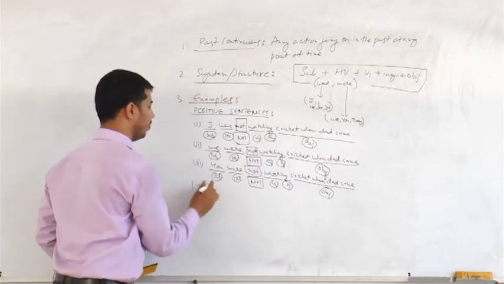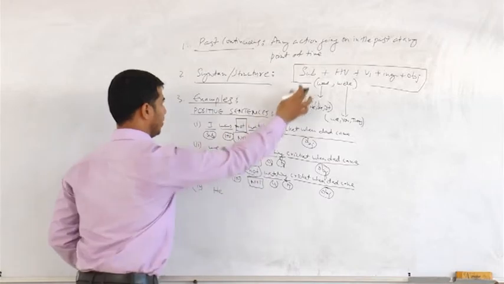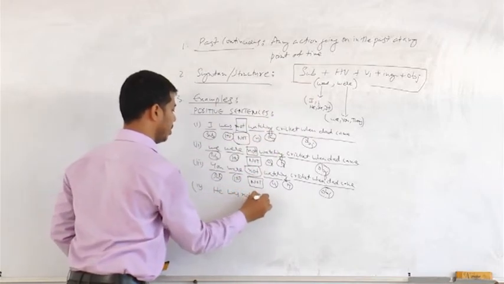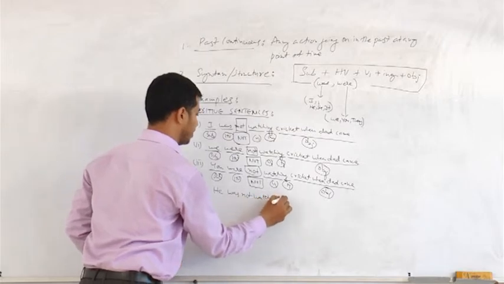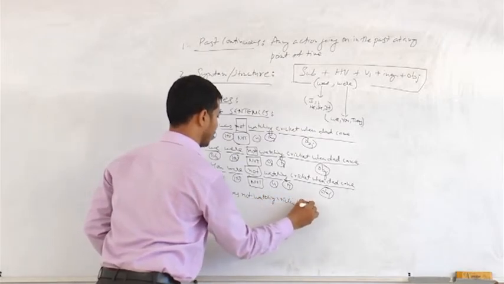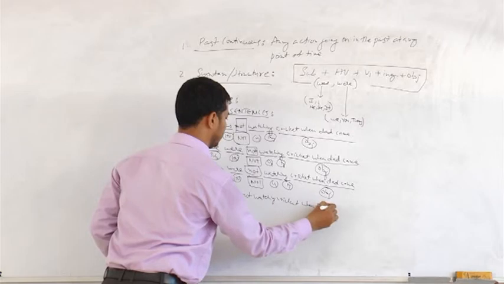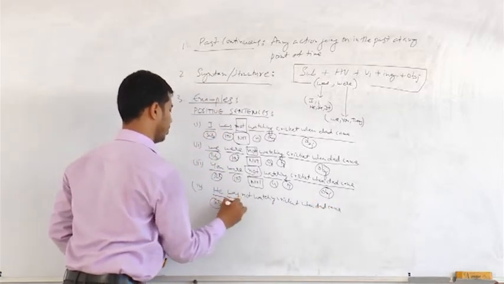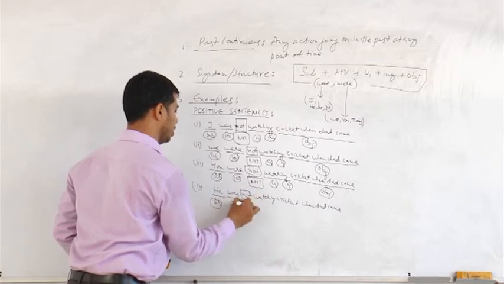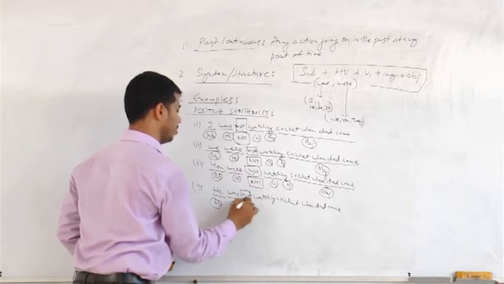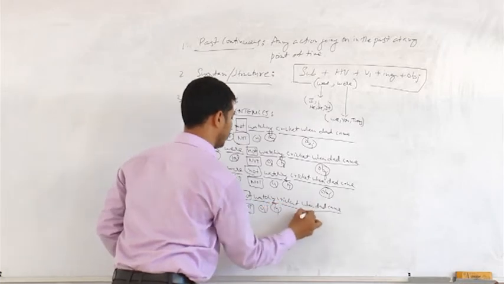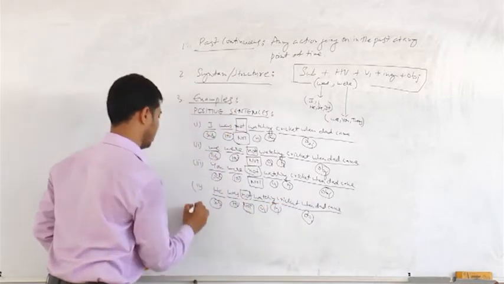What kind of helping verb we use with he? It is was, right? So he was not watching cricket. So this is the subject, this is the helping verb, not, giving negative meaning again to the sentence, v1 ing, and this one is object.